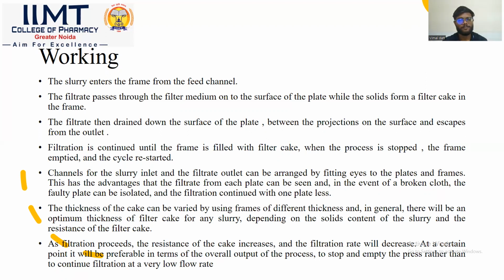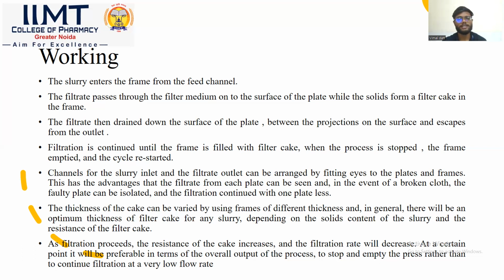Channels for the slurry inlet and the filtrate outlet can be arranged by fitting eyes to the plates and frames. This has the advantage that the filtrate from each plate can be seen, and in the event of a broken cloth, the faulty plate can be isolated and filtration continued with one plate less.